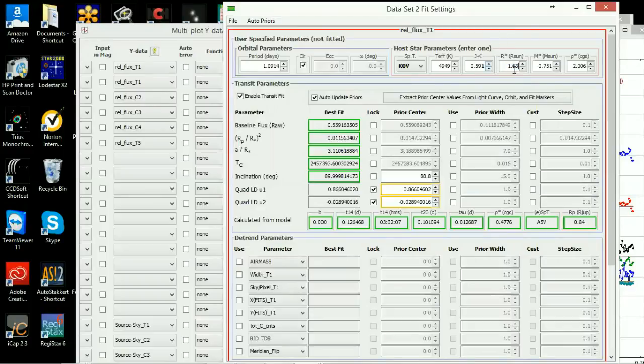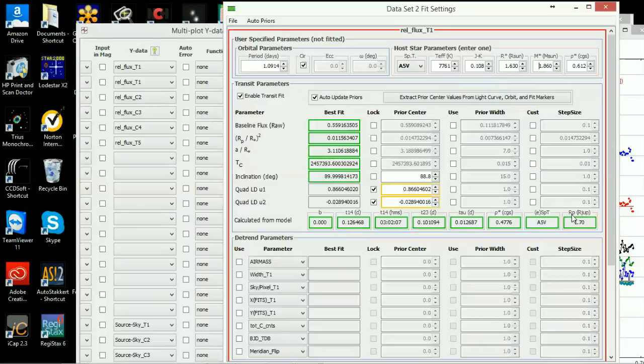Now, one thing that you'll see here is the relationship between the spectral type, the effective temperature, and the radius of the host star. There is a well-known relationship among those different parameters, so as we change one, we change the other. The value for R star in AstroImageJ does not affect the fit of the model to our observational data, but rather it's used to compute and estimate the radius of the planet itself, RP.